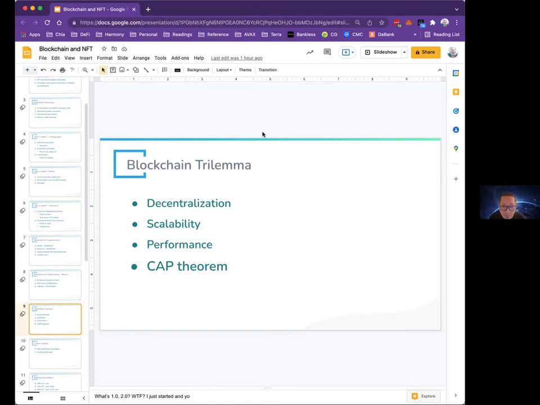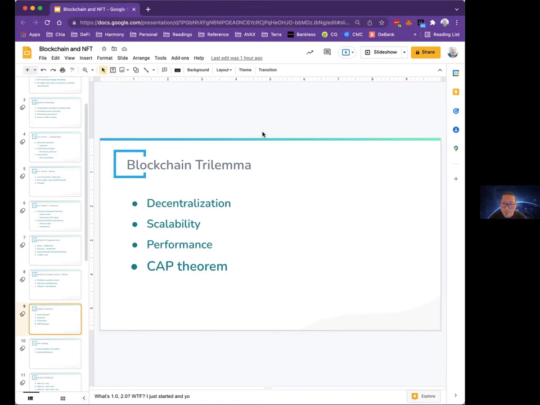So in terms of the technology, since we're a computer science club, right, I cover a little bit more about the technology side. So there's a blockchain trilemma. The name blockchain trilemma was first created by the co-founder of Ethereum, Vitalik.